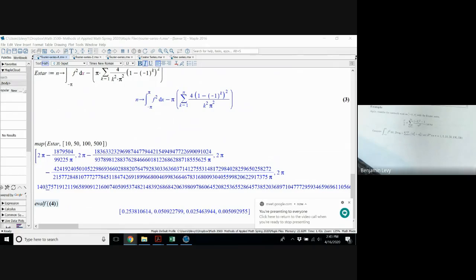So the sawtooth wave, yeah, is that one.